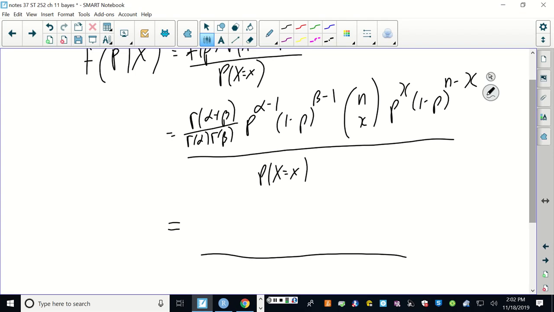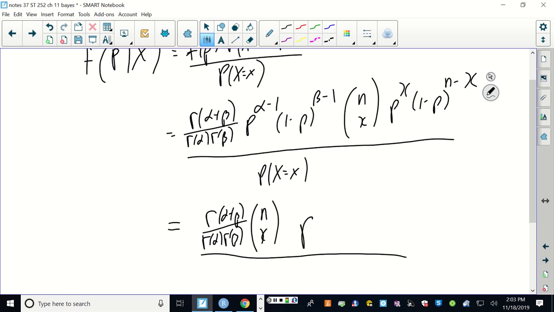How could this numerator be simplified? Combine the p's. Some is p to a power a couple times, 1 minus p to a power a couple times. And then the gammas and the n choose x are constant, relative to the p's. So they can be written, let's just write them out here one more time. And then n choose x.